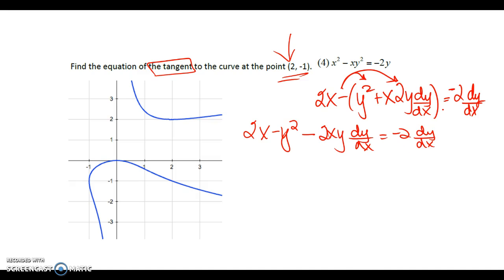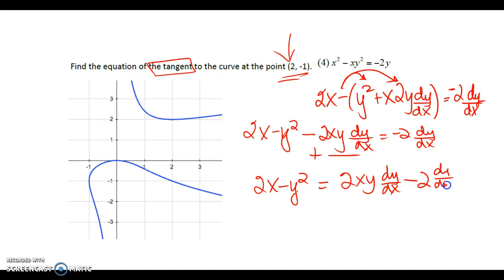I need to put all the dy/dx terms together. So I'm going to add this term over. 2x minus y squared equals 2xy dy/dx minus 2 dy/dx.